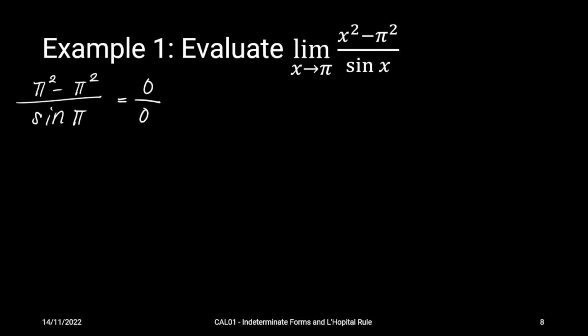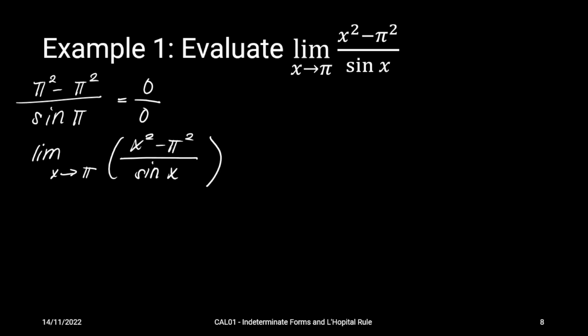So let's get the derivative. So we have the limit as x approaches pi of x squared minus pi squared over sine x. So, let's get the individual derivative. Tig-isa.